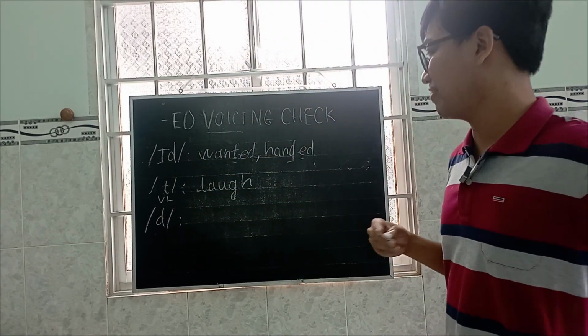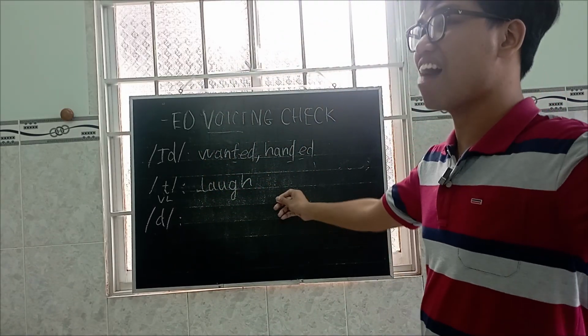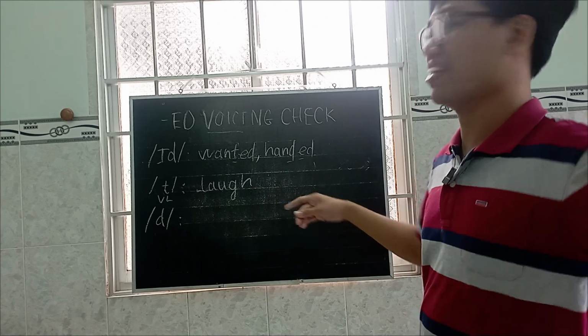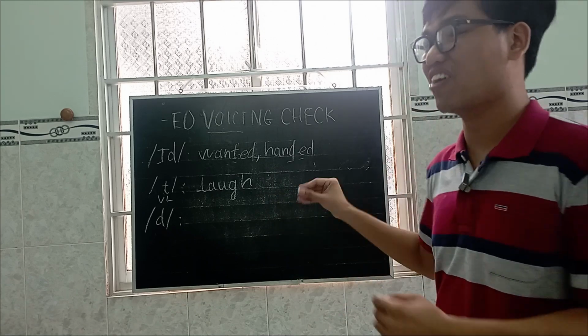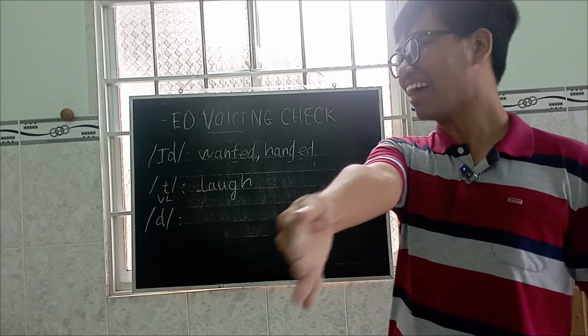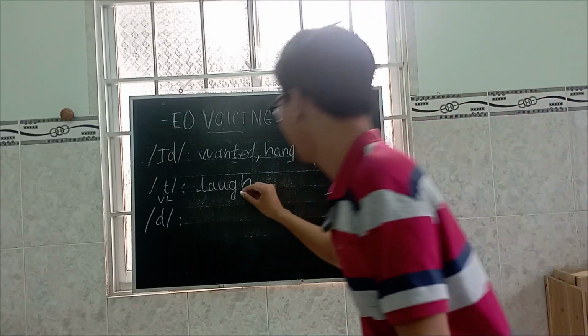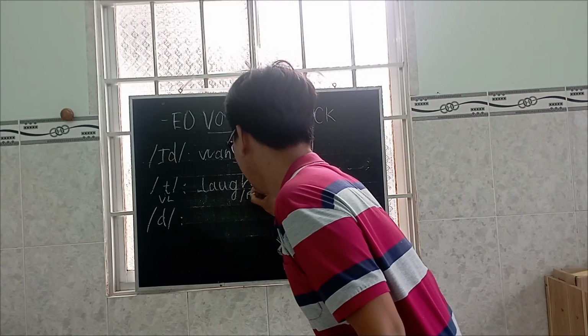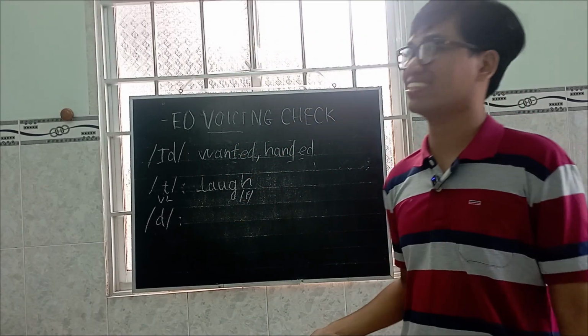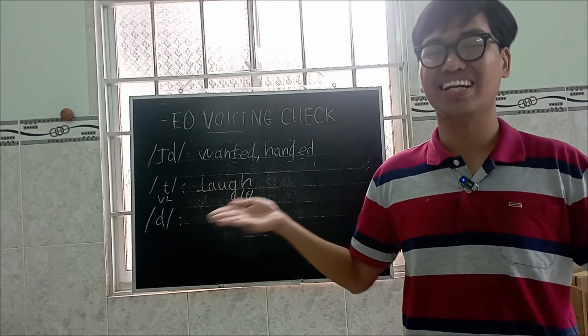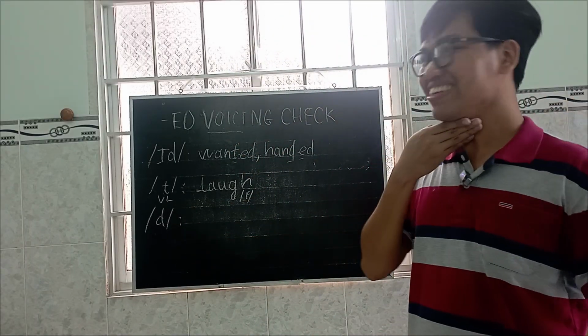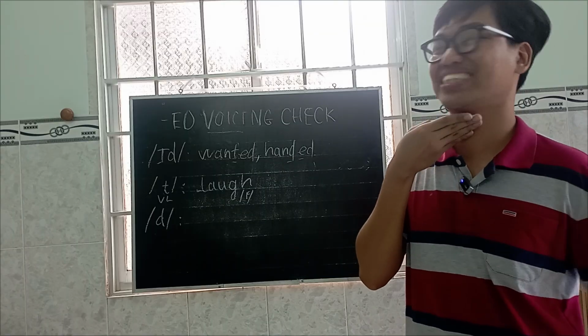And everyone repeat after me and say laugh. What is the ending sound of laugh? Sang, please. What is the ending sound of laugh? Okay. Just to be sure, let's use our right hand and put it on the neck and feel the vibrations of the sound, please.